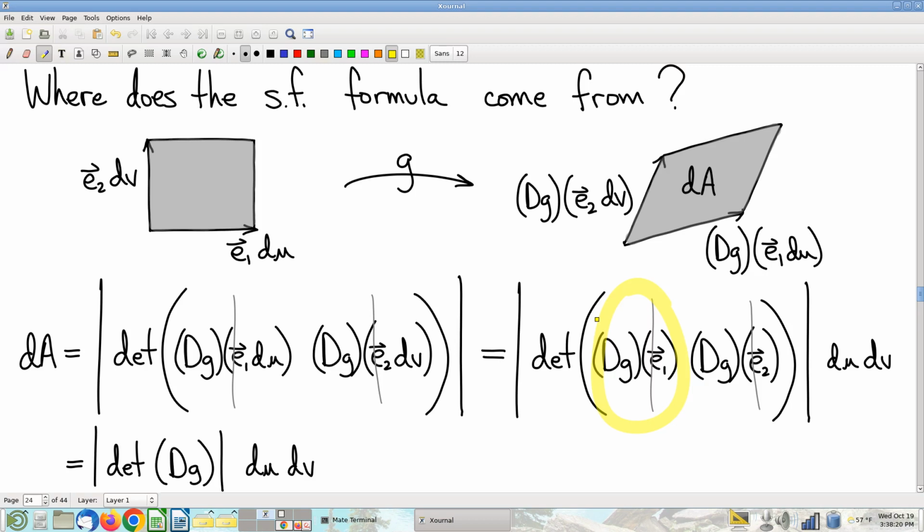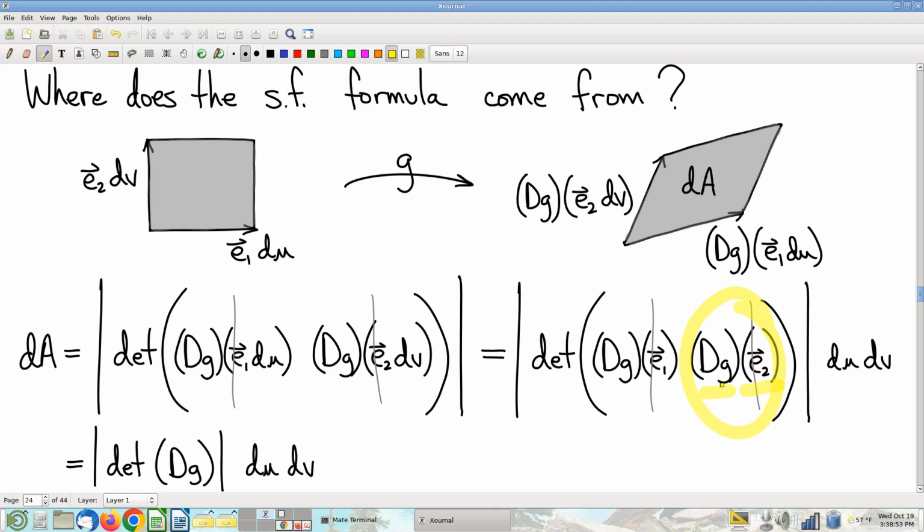So this thing here that I have in yellow is the first column of the DG matrix. Let me say that a little bit differently. The first column of the matrix I'm trying to understand is the first column of DG. And likewise, the second column of this matrix I'm trying to understand is the second column of DG. So this matrix has the same first column as DG.